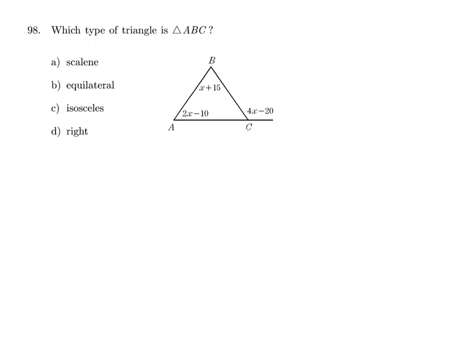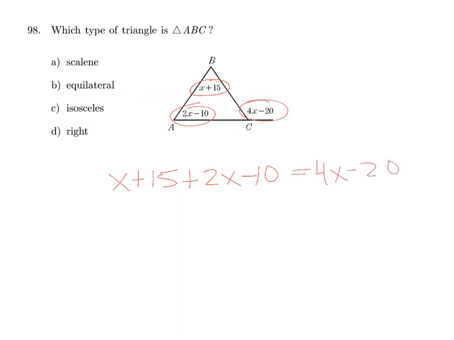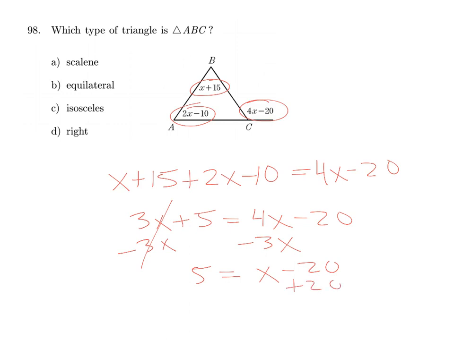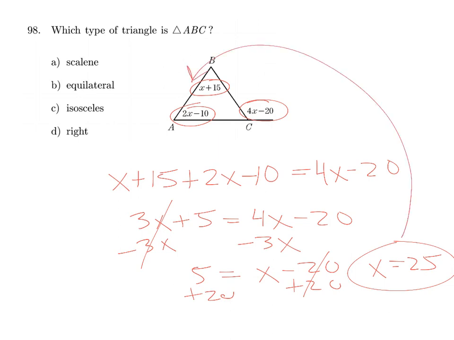Which type of triangle is triangle ABC? I know that these two angles add up to be equal to the exterior angle. You have to know that relationship to solve this problem. So I take that value and plug it in here, and let's see what I get for the angle measurements.